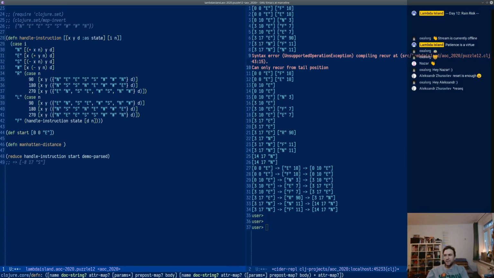So Manhattan distance in a two-dimensional plane basically just means you take the vector, you take the absolute value of the length in the x dimension, the absolute value of the length in the y dimension, add those two together.